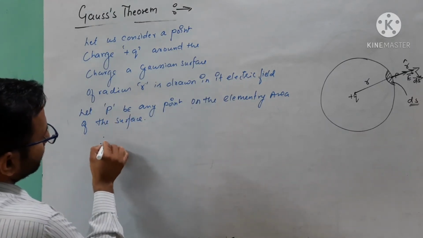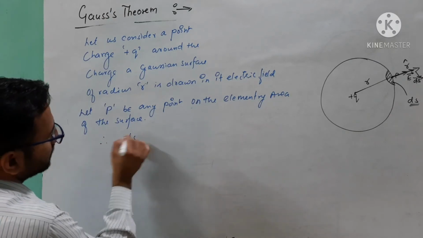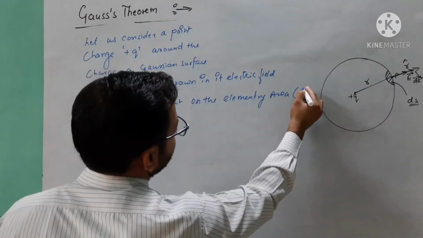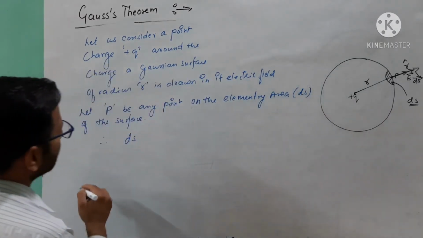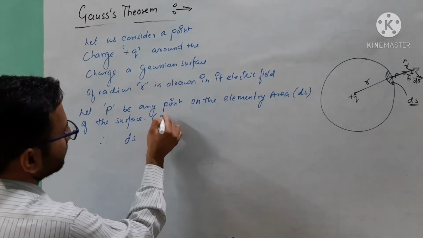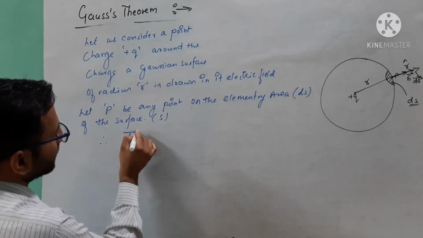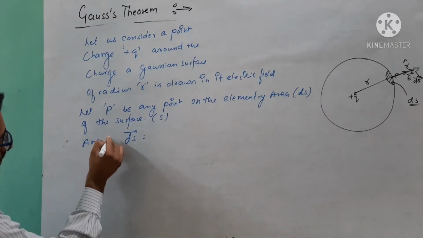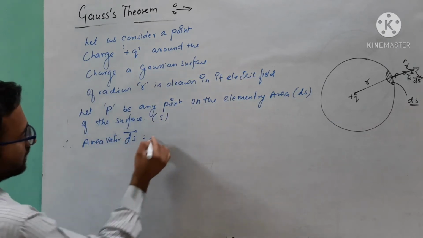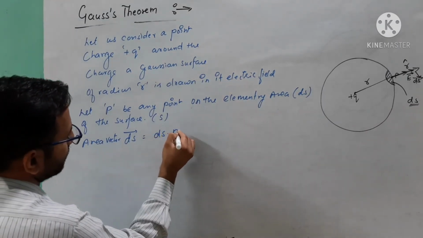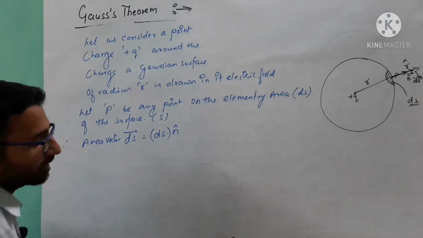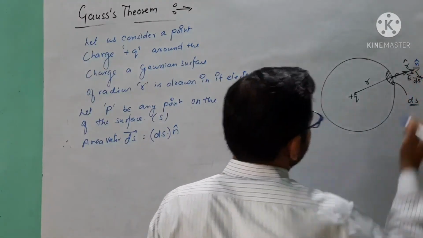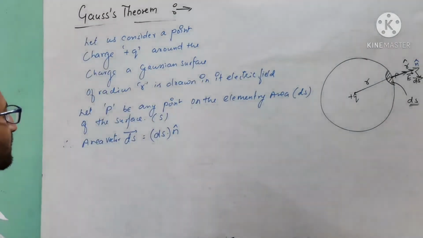The elementary area dS we can write like this on surface S. Therefore the area vector dS is equal to dS n cap, where n cap is the normal unit vector whose direction is perpendicularly outward.